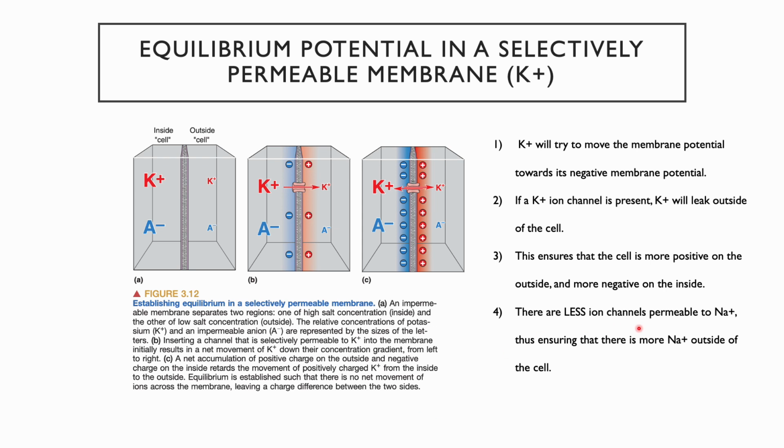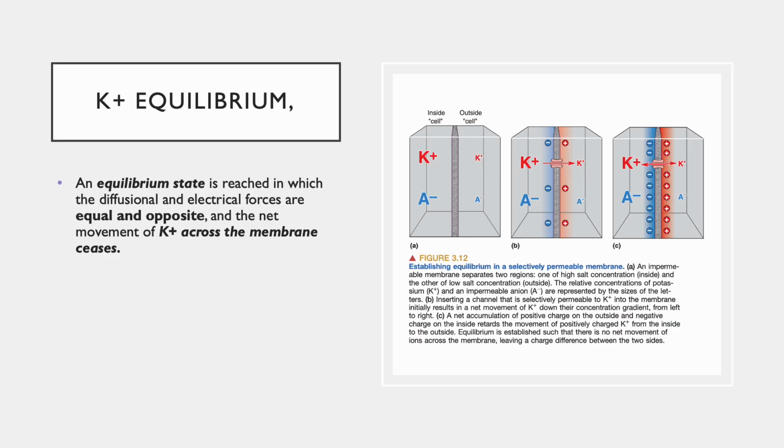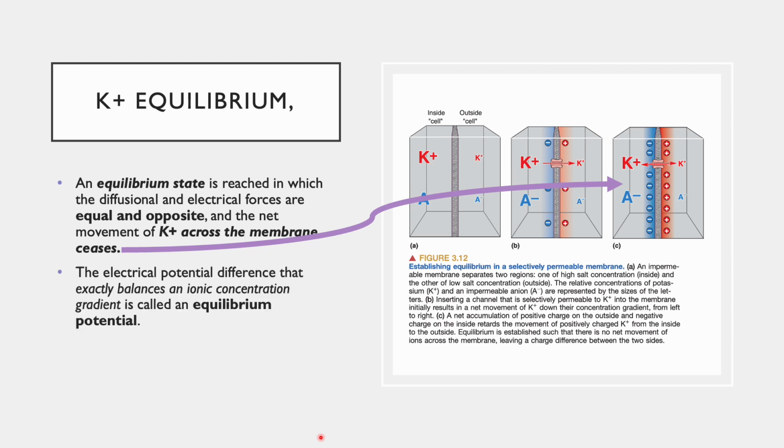There are fewer ion channels that are permeable to sodium, and this ensures that there is always more sodium outside of the cell. An equilibrium state is reached in which the diffusional and electrical forces are equal and opposite, and the net movement of potassium across the membrane ceases. This is balanced. As we can see here, the electrical potential difference that exactly balances an ionic concentration gradient is called an equilibrium potential.